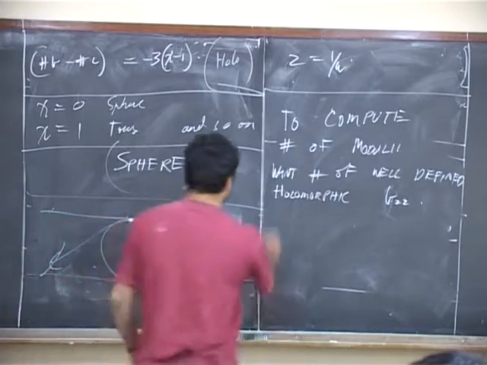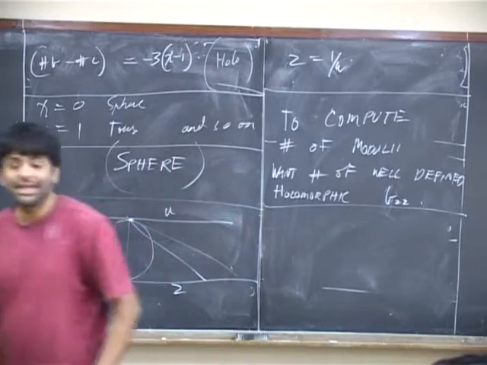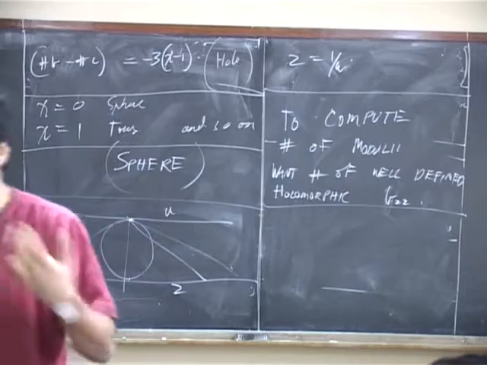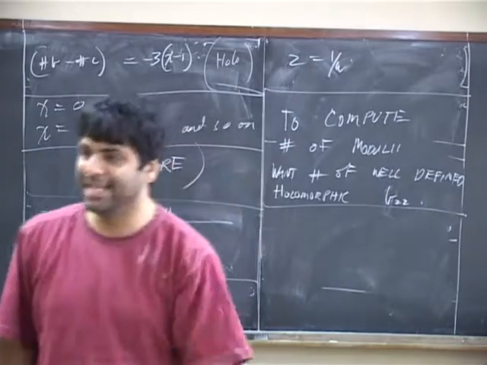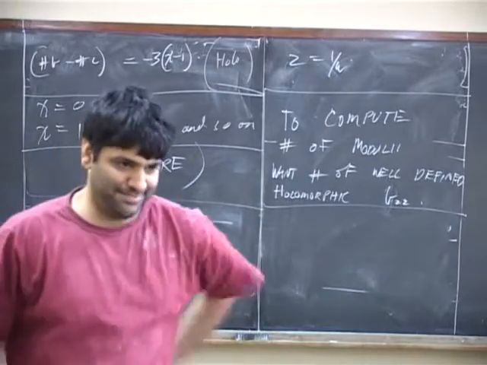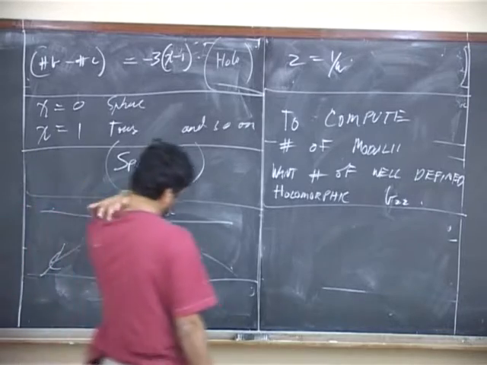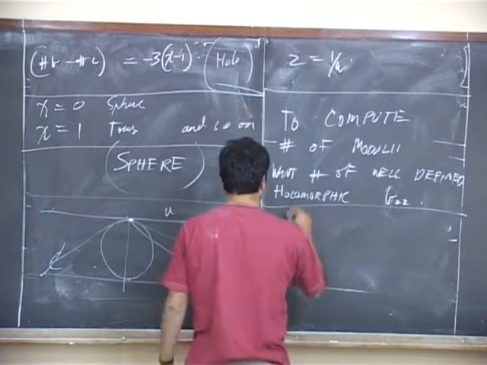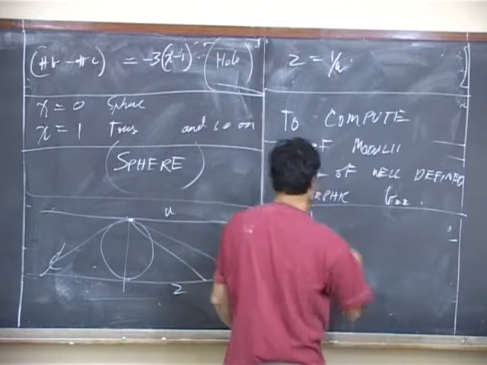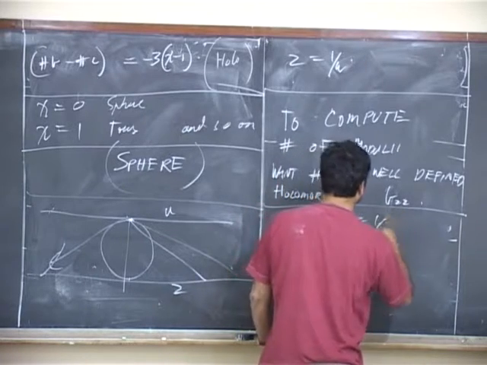Okay, fine. So let's do the calculation. The first thing we have to calculate is what the transformation property of this object B is under the map that takes us to the u patch. Well, that's totally clear, because we know that z is equal to 1 by u, and u is equal to 1 by z.